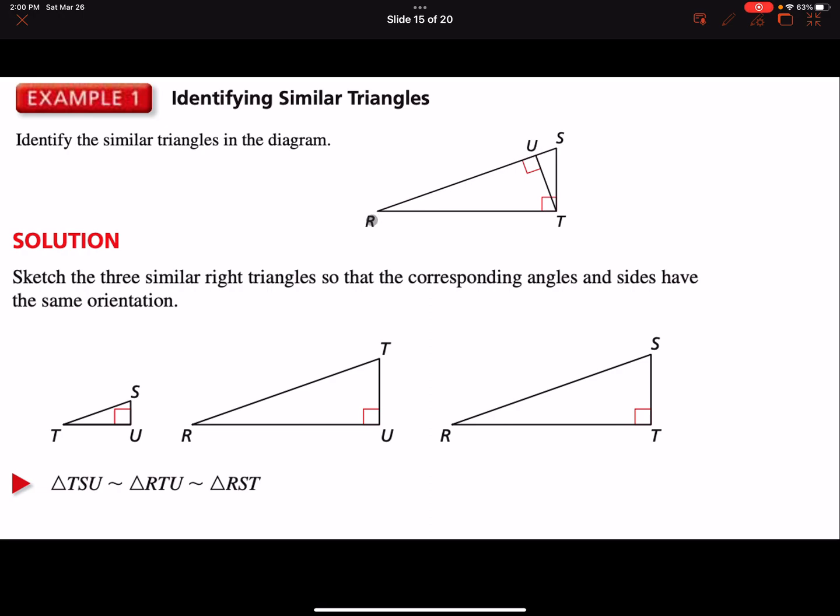If you did that, you'd go RTU because you're going from the smallest vertex to the hypotenuse to the right angle. And then from R, which is the smallest vertex, to S, down the hypotenuse to S, and then to the right angle, and then back up the longest leg. Okay.